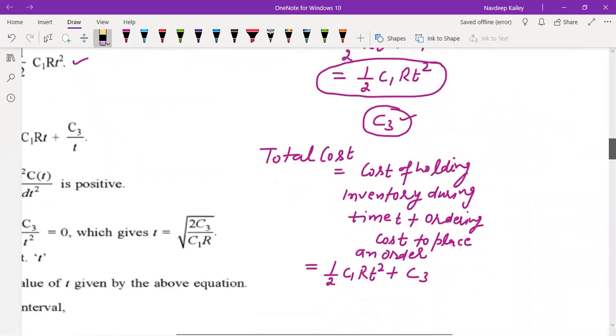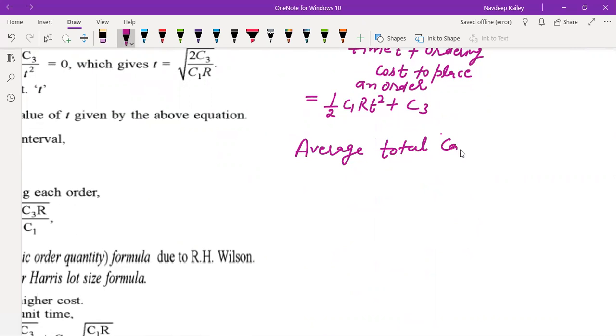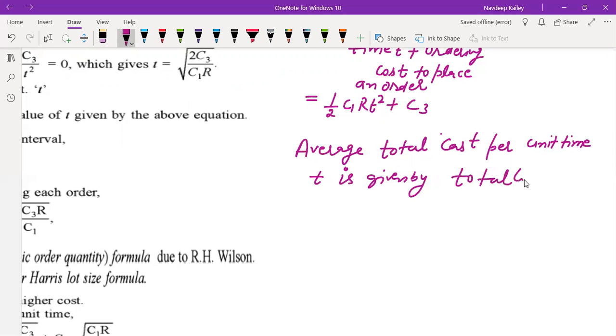Now, the average total cost per unit time t is given by total cost divided by t, that is time.